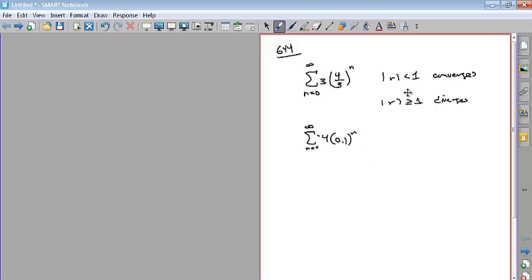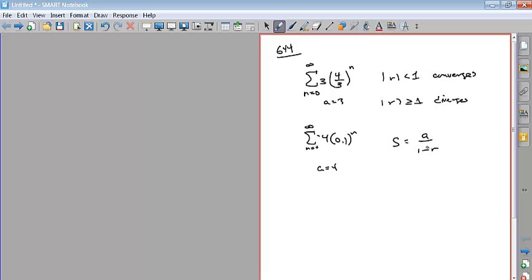So the equivalent value has to be less than 1 to converge and greater than or equal to 1 to diverge. So this one would diverge because 4/3 is greater than or equal to 1. This would converge. And then there's the equation that actually tells you what it converges to: A over 1 minus r, where in this case A is 3, in this case A is 4.